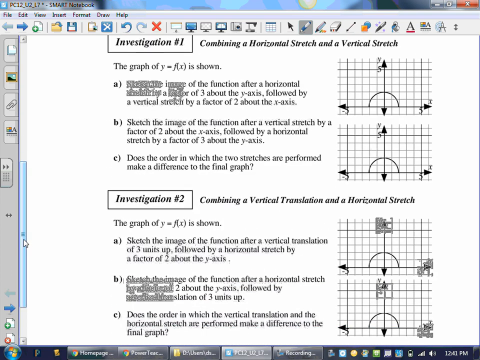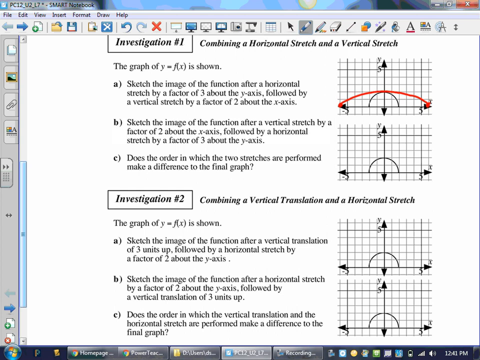It says stretch the image of the function after a horizontal stretch by a factor of 3, and then follow that by a vertical stretch by a factor of 2. If we stretch this horizontally first, 2 now becomes 6, so you get these points out here. That would be the first stretch, multiplying by 3.